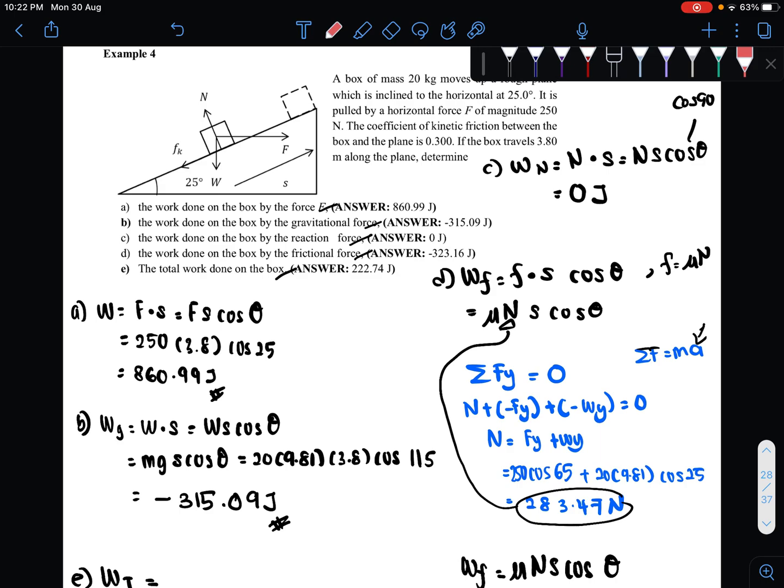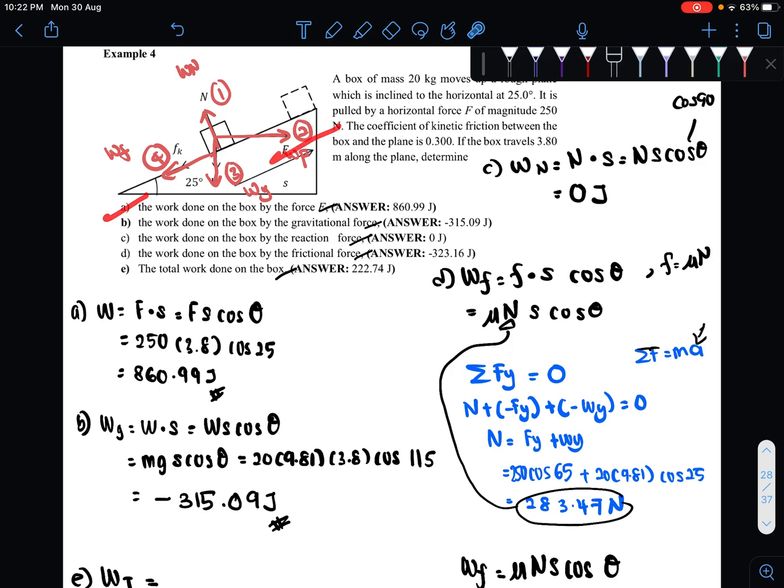So basically what you have here is normal force 1, external force 2, weight 3, and then you have friction 4. So you have 4 forces here, therefore you are going to sum all these 4 forces' work done. So work done by the normal force, work done by the frictional force, work done by the weight, and also work done by the external force.